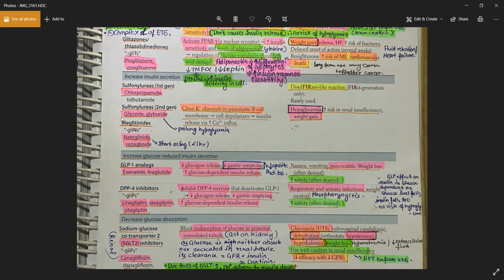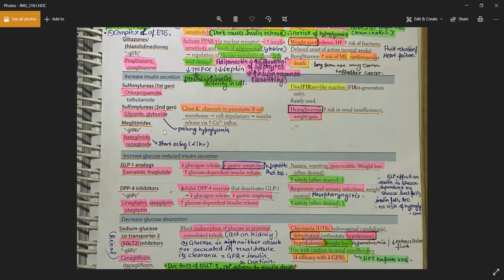They are long-acting agents, so they can cause a prolonged hypoglycemia for like 7 or 8 hours. So if you encounter a patient who comes to the emergency department with symptoms of hypoglycemia, you give the patient glucagon, or IV glucose.